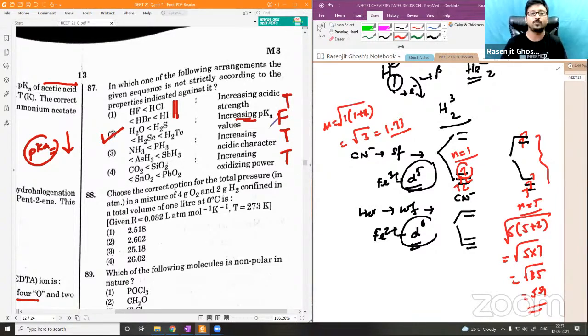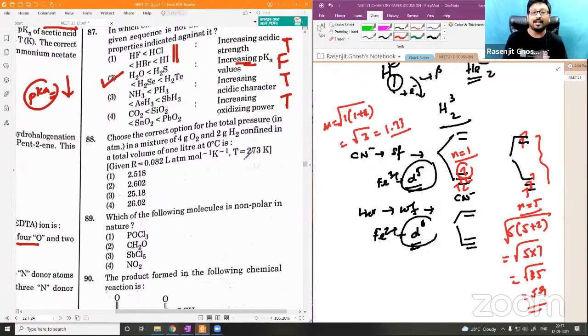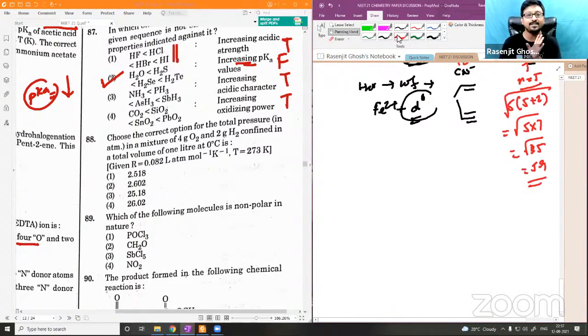Right. Next one. The correct option: 4 gram of oxygen and 2 gram of hydrogen confined in a total volume of 1 liter. It's a simple PV = nRT question. Now, here you have to calculate the total number of moles of 4 gram of oxygen and 2 gram of hydrogen.